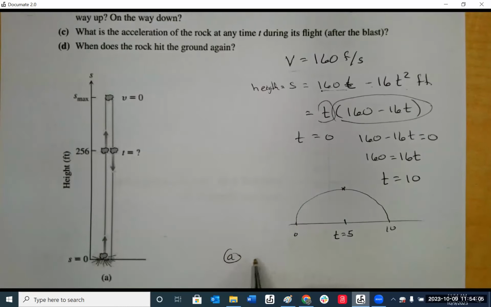So when t equals 5, our position is 160 times 5 minus 16 times 5 squared.